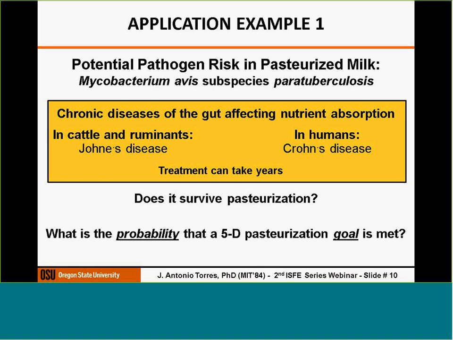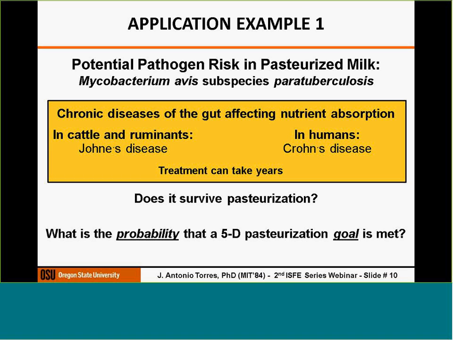Now, a probabilistic engineering approach to solve this risk. The question we should ask is not whether it survives pasteurization, but should be expressed as what is the probability that the pasteurization goal is met.